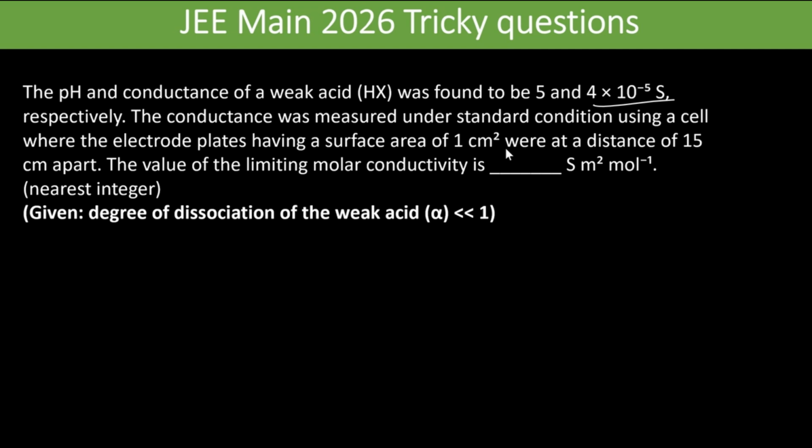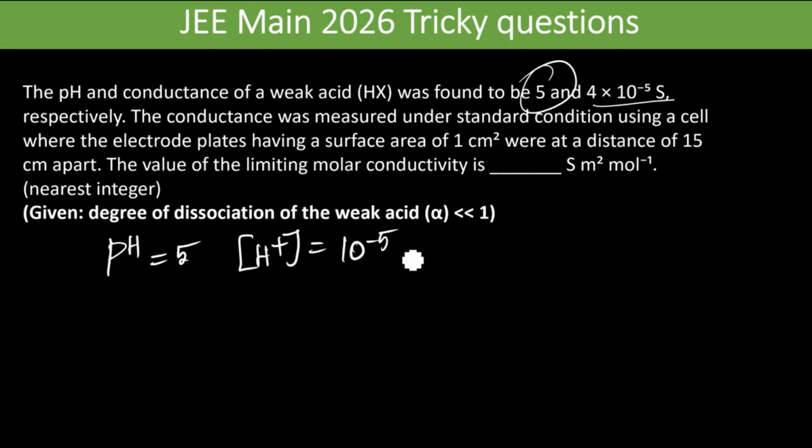So first of all, they have given that this pH is 5. So if the pH is 5, what is the concentration of H plus ions? That is 10 to the power minus 5, correct? What they have mentioned is degree of dissociation of that weak acid is less than 1. It's a lot less than 1. That's why 10 to the power minus 5.